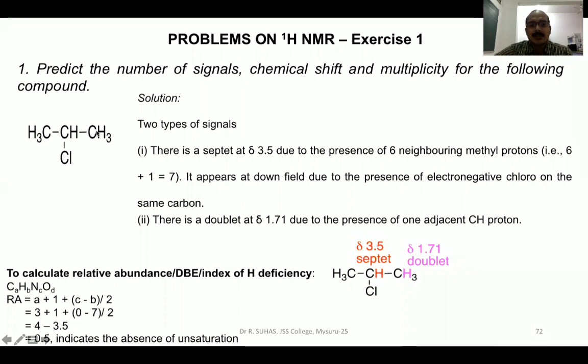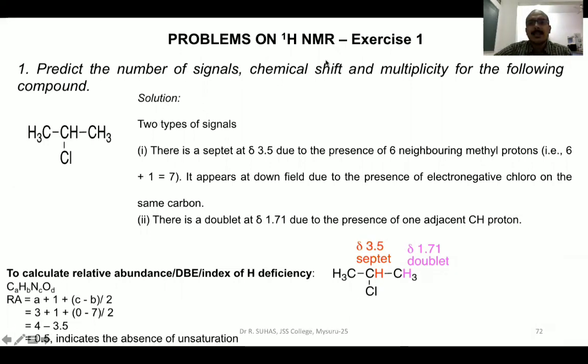For this also the neighbor is H, for this also the neighbor is H, that is CH, and both have got in common Cl. That's why these two CH3 groups are coming in the same environment. Hence we can expect a single peak, and hence a single chemical shift value, whereas this proton which is attached to carbon with the direct linkage to chloro, we can expect another signal. So the number of signals here is 2.